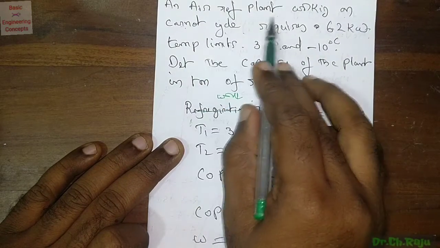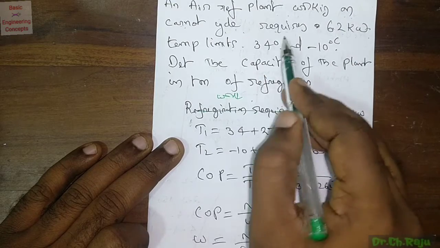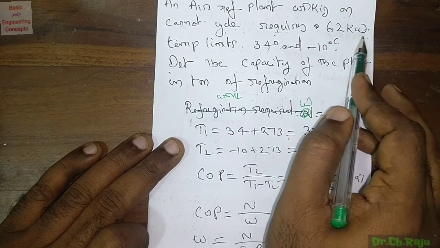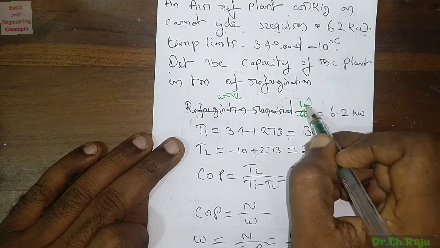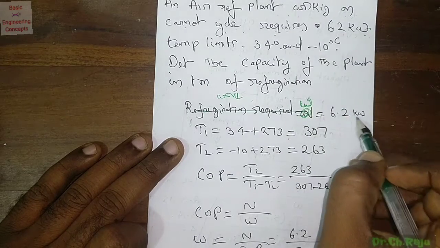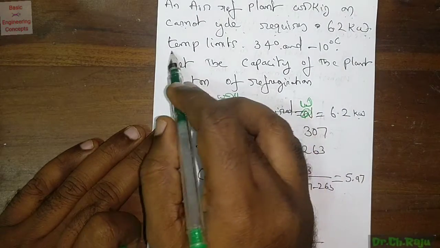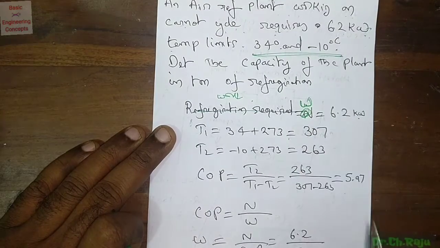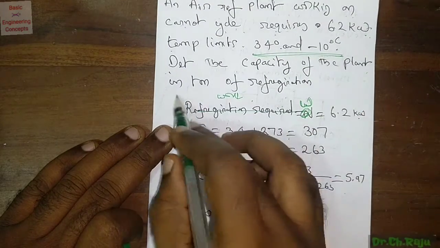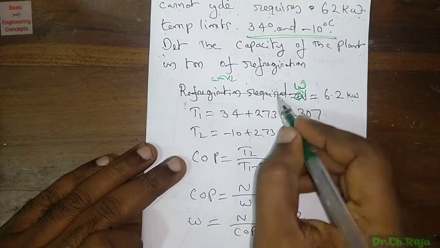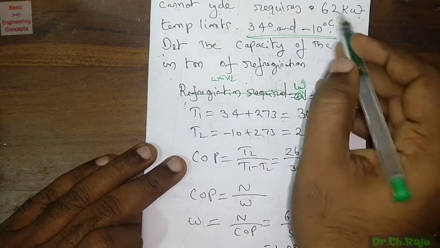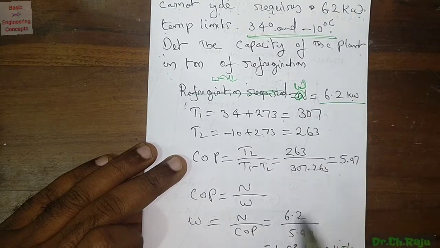That is the power required for the refrigeration plant. The temperature limits are given. Determine the capacity of the plant in tons of refrigeration. Here the work required is 6.2 kilowatts.